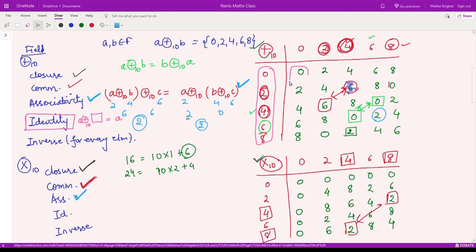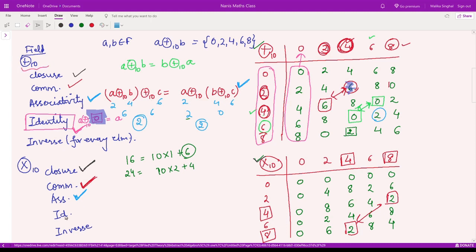Yes, the same column is obtained for the element 0. So if you do a addition modulo 10 with 0, you'll get a again. So I can say that 0 is my additive identity, right? So the additive identity exists for addition modulo 10.